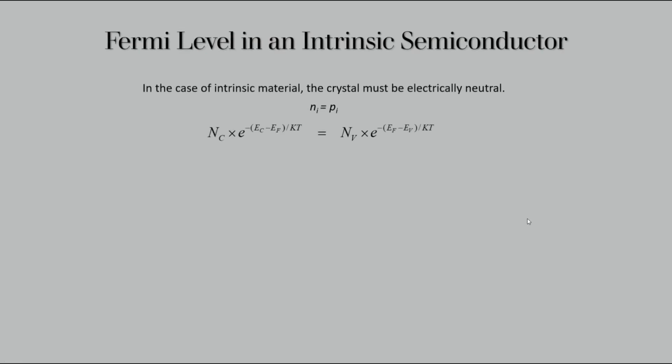So now in case of an intrinsic semiconductor, as we know, the number of electrons is equal to the number of holes. So if you compute that, both the terms will be equal.